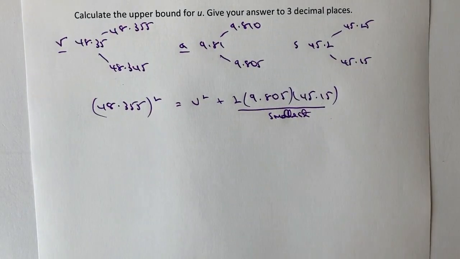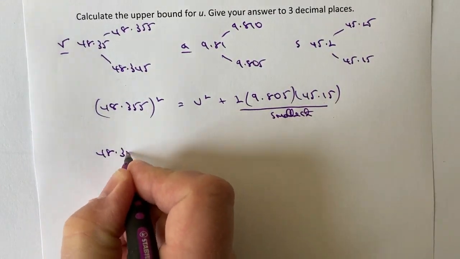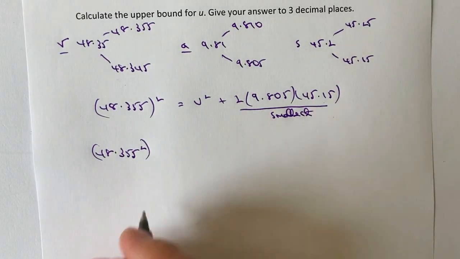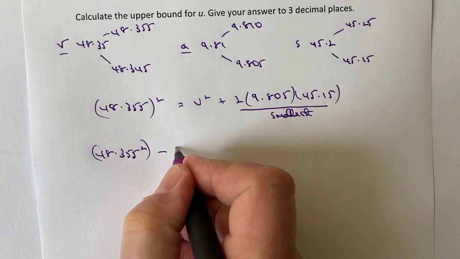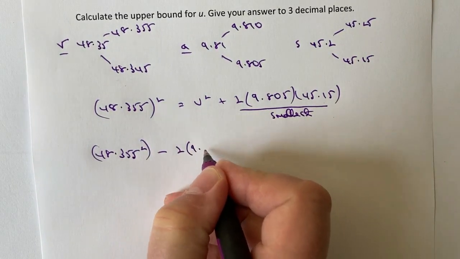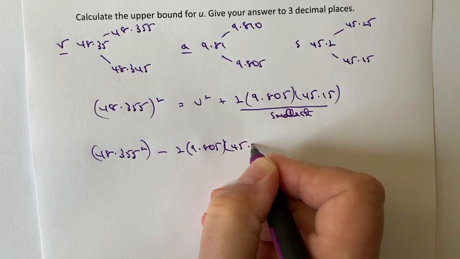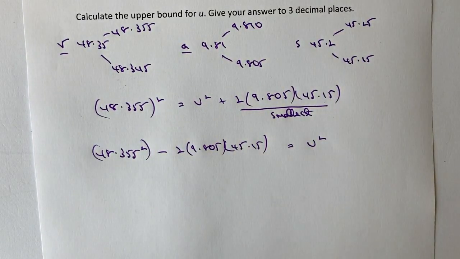Okay, so let's have a look at how that would actually work. We've got 48.355 squared. At the moment I'm not tempted to actually calculate this, because otherwise we're going to introduce too many errors too early. But if I write this out in the way that I'm going to put it into the calculator, it'll give me the value of u squared.